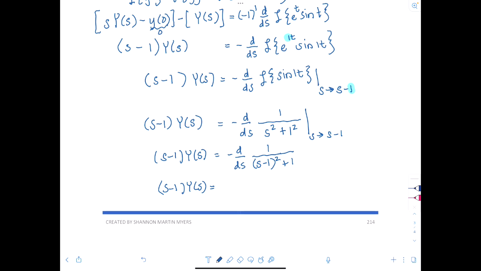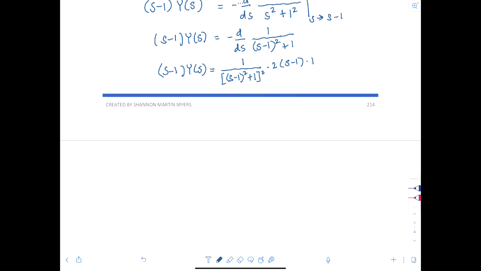So we'll end up getting negative 1 times a negative is positive 1 over the whole denominator squared, and then times the derivative of that denominator. So we'll just have 2 times quantity s minus 1 to the 1 times 1.